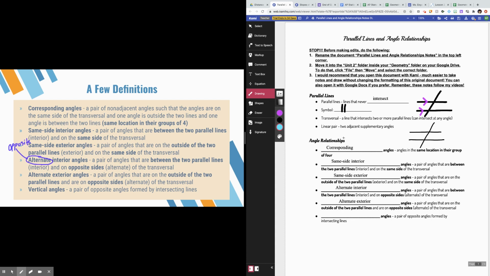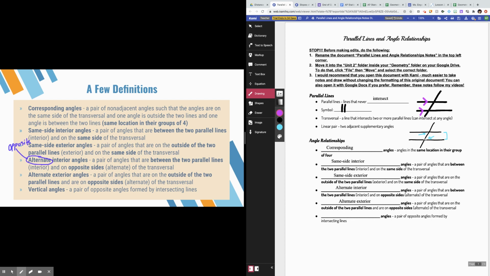So I'm going to mark in blue here a pair of alternate interior angles. That would be like this angle and this angle. They're both stuck inside the parallel lines, but one is on the left side of the transversal and one is on the right side of the transversal.